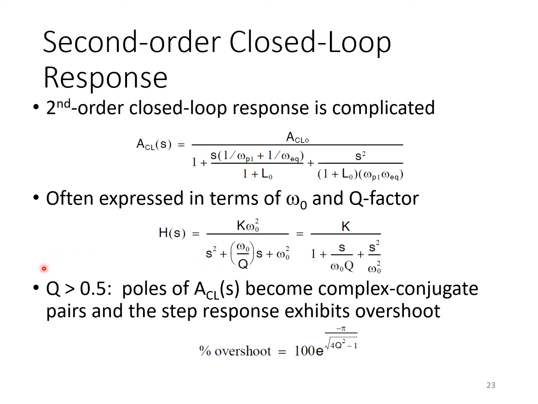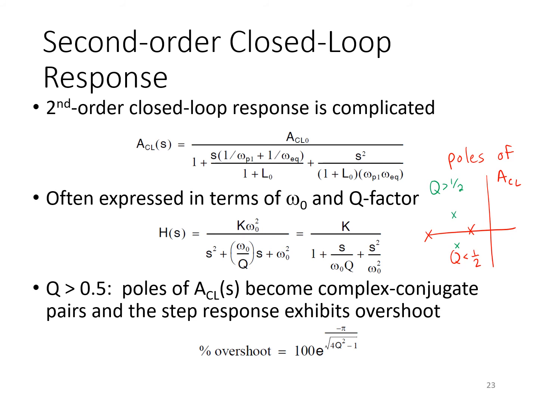So specifically, when Q is less than 0.5, we expect the closed loop poles of ACL to be real valued. But once Q exceeds 0.5, then we expect the poles to appear in complex conjugate pairs. Since it's a second order feedback loop, of course, there's only two poles in the closed loop response as well.